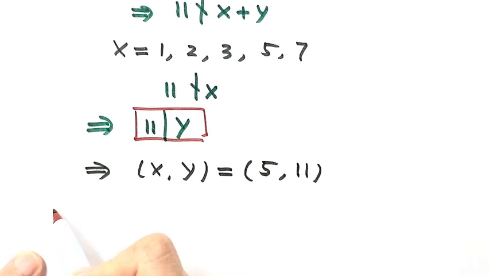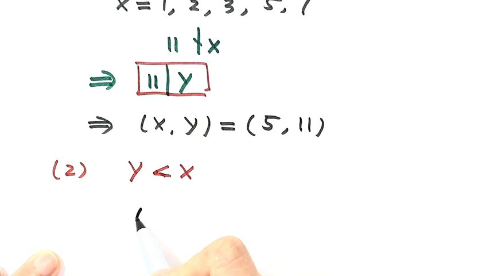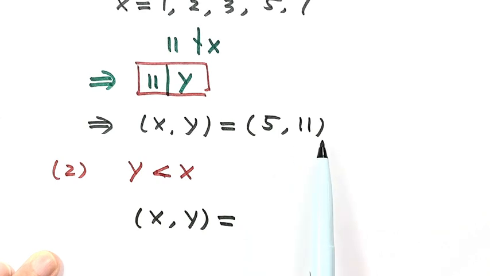Now let's see the second case, y < x. Because the two equations are symmetric in x and y, the solution for this case is found by simply flipping the two numbers.